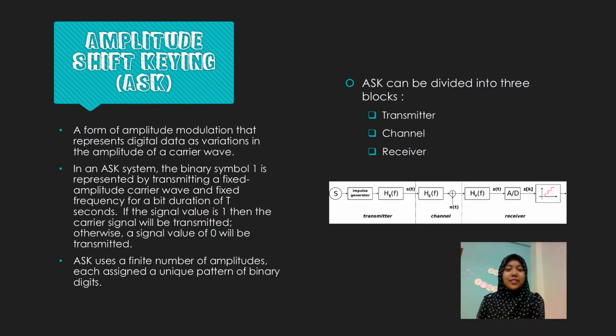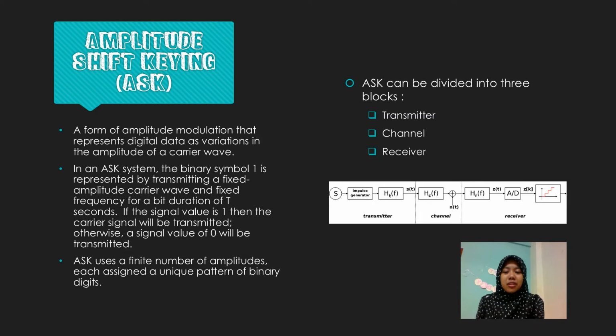So, this slide is about amplitude shift keying, which is ASK. ASK is a form of amplitude modulation that represents digital data as variations in the amplitude of a carrier wave. In an ASK system, the binary symbol 1 is represented by transmitting a fixed amplitude carrier wave and fixed frequency for a bit duration of t seconds.